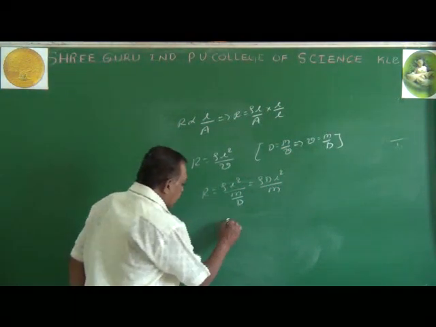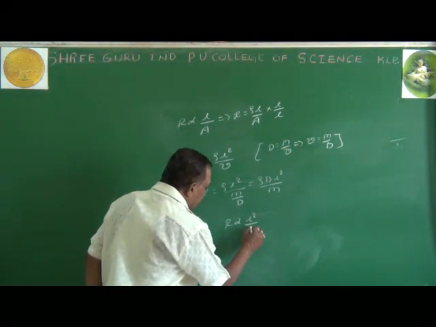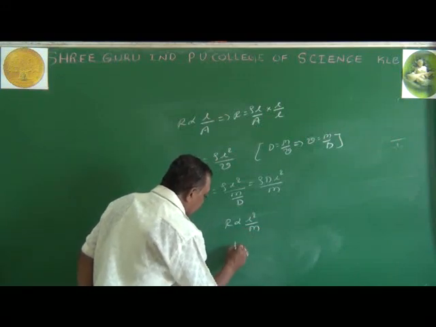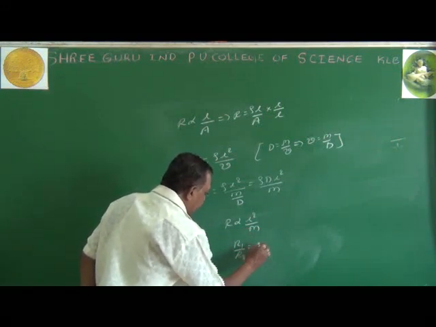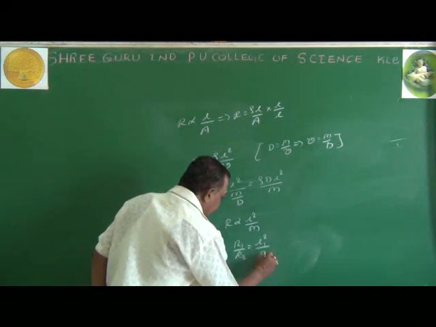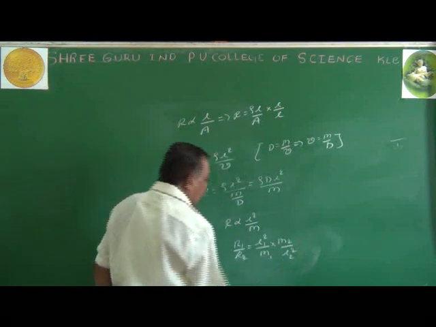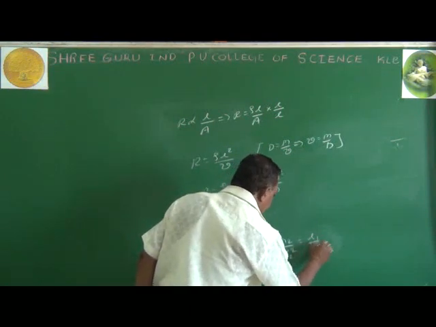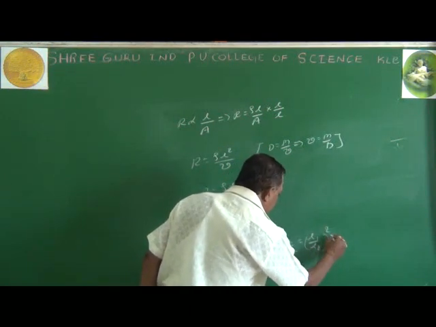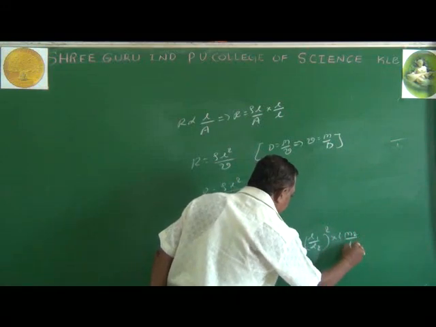Then R is directly proportional to L square by mass M. For the two wires, L1 square by M1 and M2 by L2 square, so L1 by L2 whole square, and this is M2 by M1.